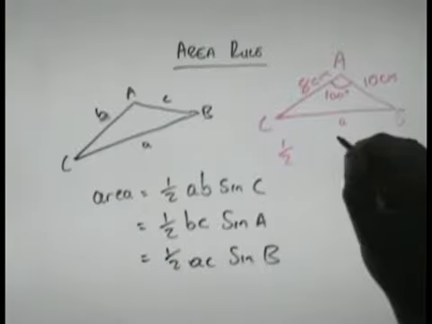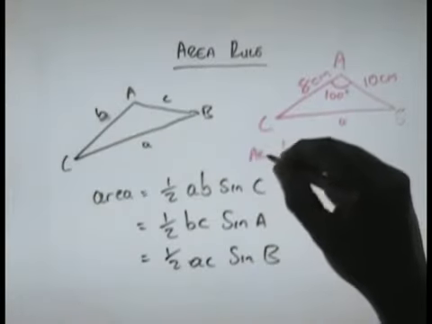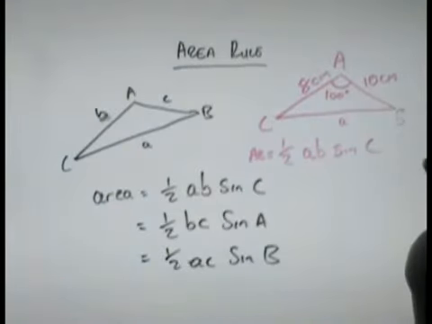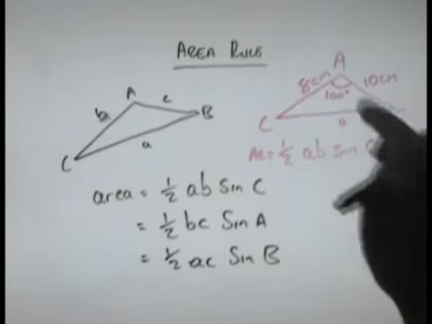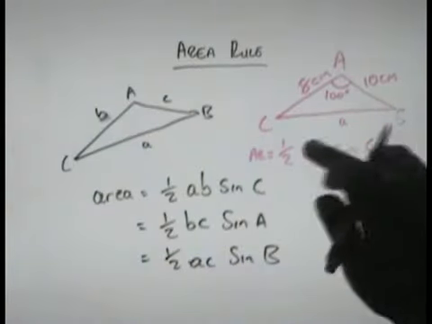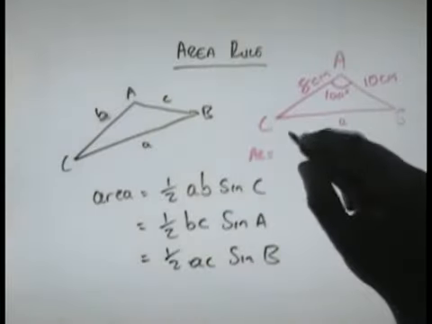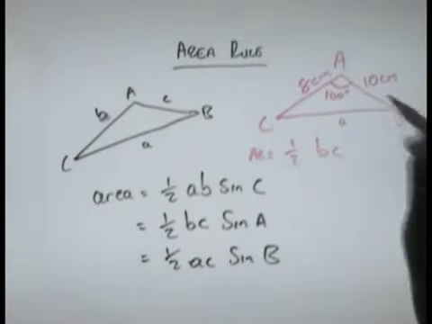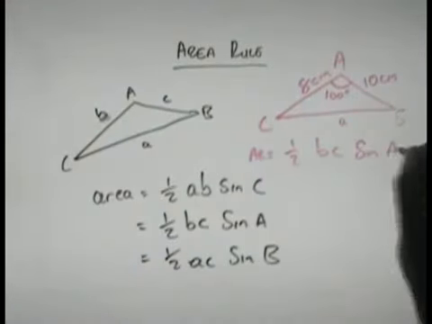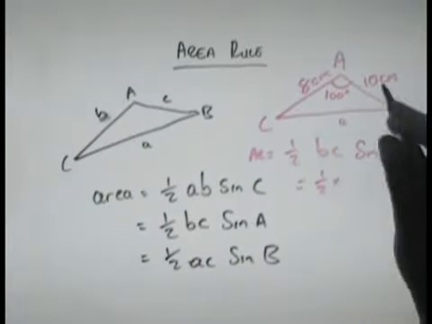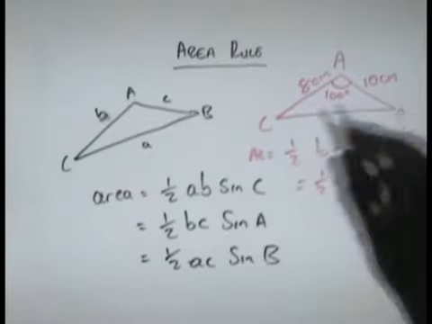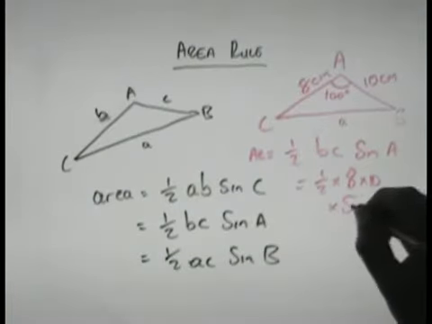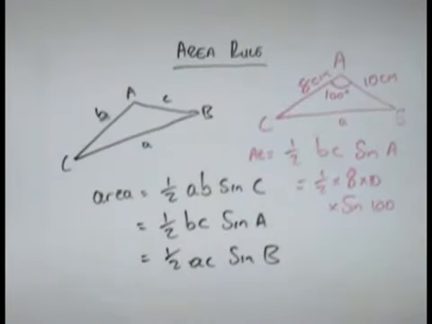All we're going to do is say area is equal to a half AB sine C. However, we've got angle A, so we can say rather a half BC sine A, which is equal to a half times B, which is 8, times C, which is 10, multiplied by sine of 100.